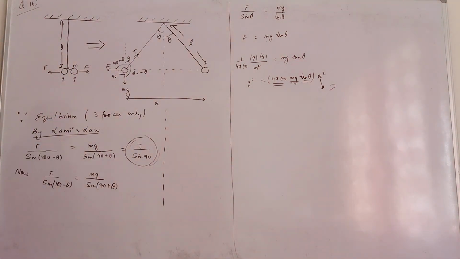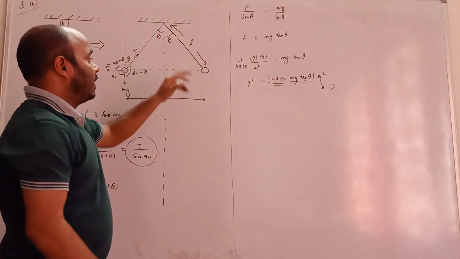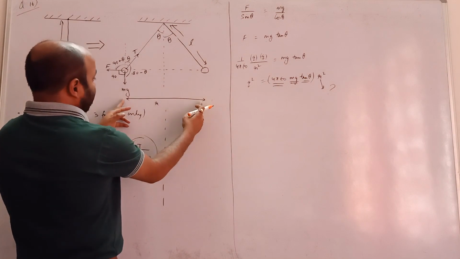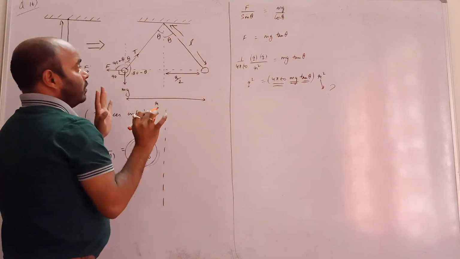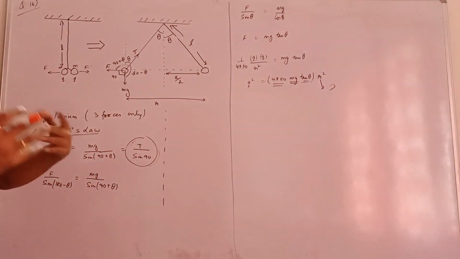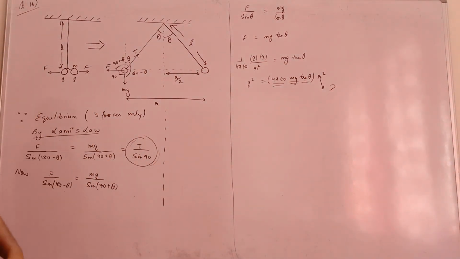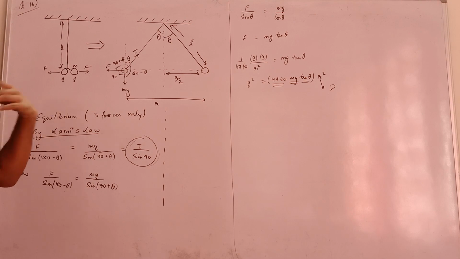Now how to convert R in terms of L? What parameters do we already have? We have theta, we have L, and we need to convert R. So if the total distance is R, then this distance is R by 2. Now you understand why we need to convert R into L? Because the answer is in the form of L. No R. R I have taken.